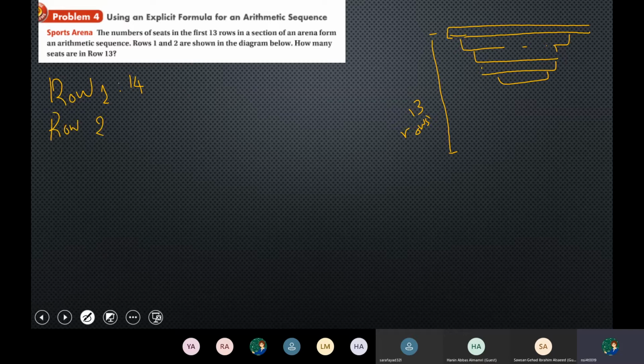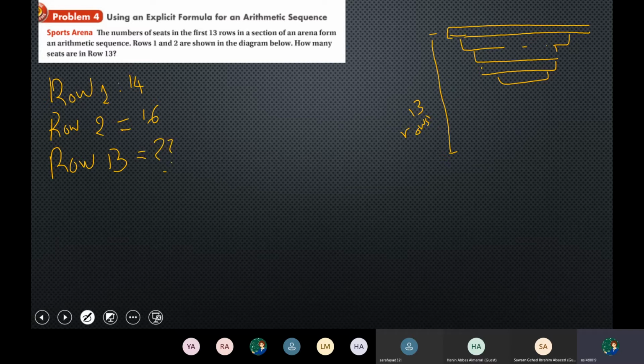How many seats are in row 13? He gave me the number of seats in row 1 and row 2, and asked me to find the number of seats in row 13.